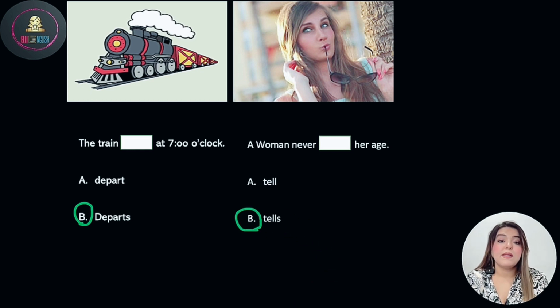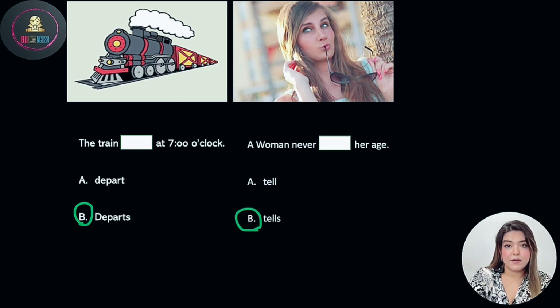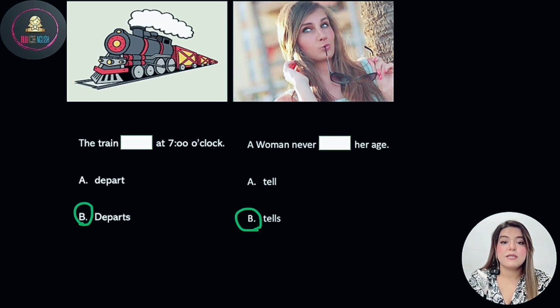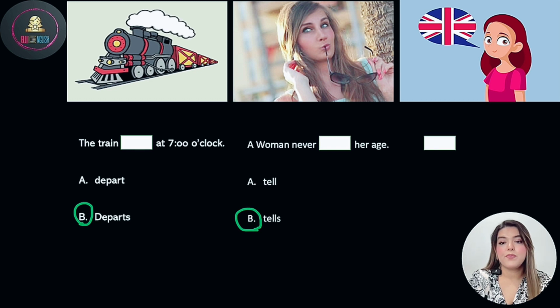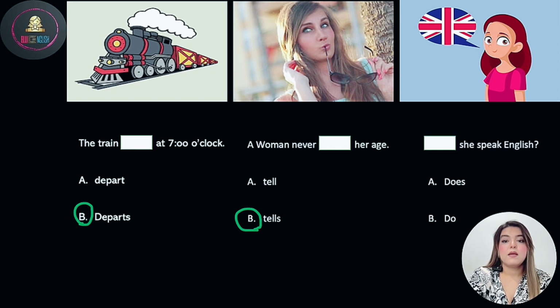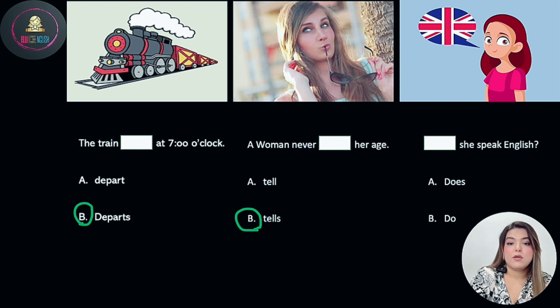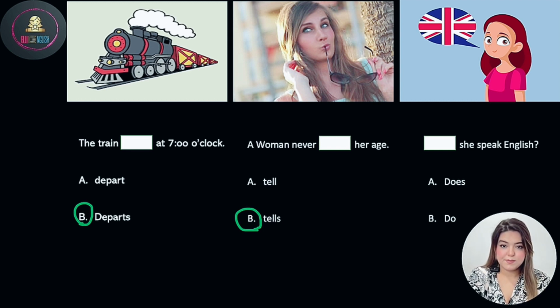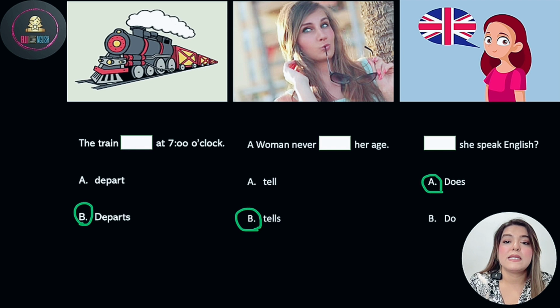Yes, a woman never tells her age because the subject is the third person. Last one. She speaks English. Which one do you choose? Does or do? Yes, clever learners. It's does she speak English. Again, because the subject is third person.